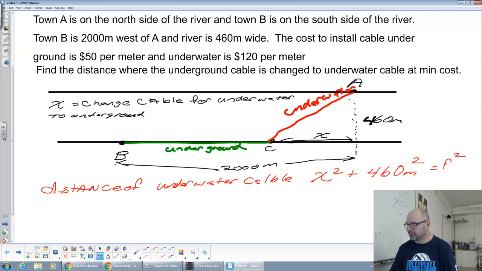So the distance of the underwater cable we'll call R. So we have to figure out an equation for R. What does R equal? R equals the square root of x squared plus 460 squared.